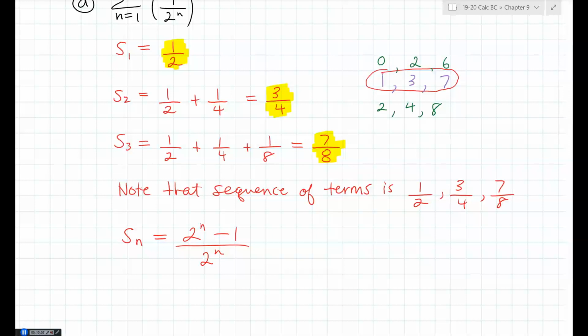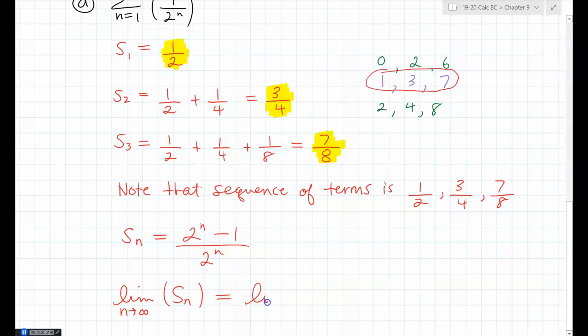All right, so now that I have this, I'm checking for convergence, right? I just want to make sure that this sum actually converges to a value. And right now I'm going to give you the definition for it and how I know I should do this. So let's find the limit as n approaches infinity of s sub n.